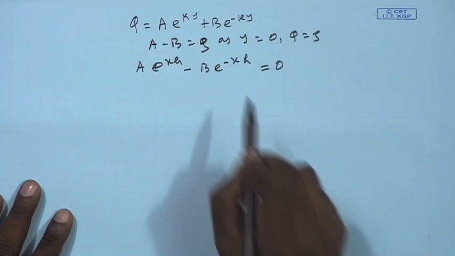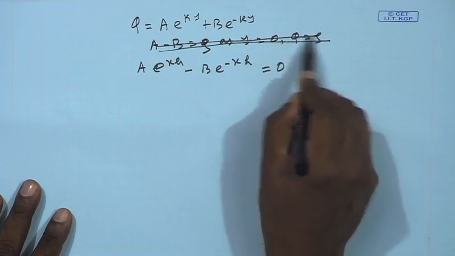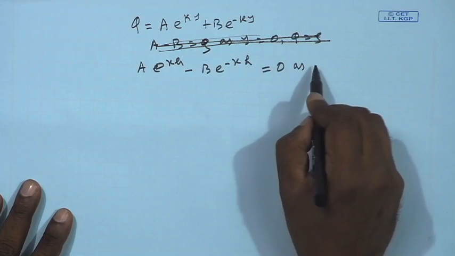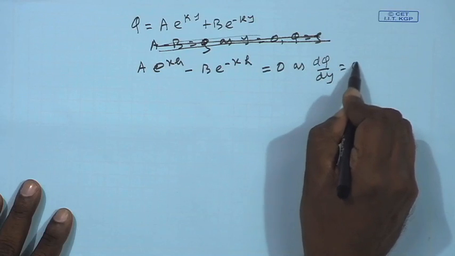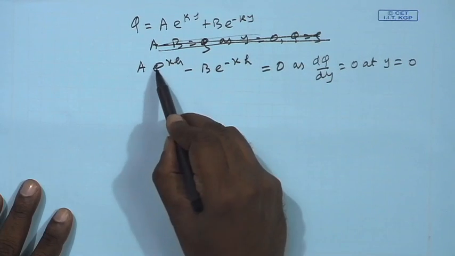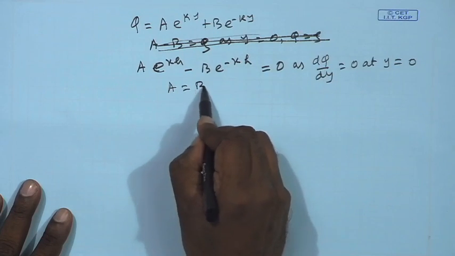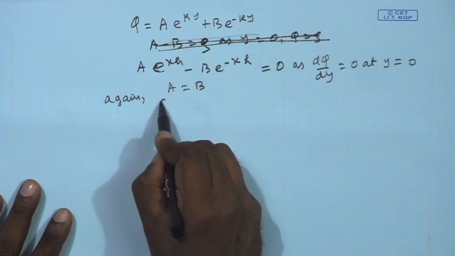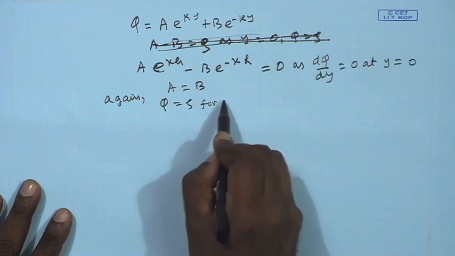Let us write it a better way: d phi by dy equal to 0 at y equal to 0 under this condition. This implies that A equal to B. Again, phi equal to zeta at y equal to h.